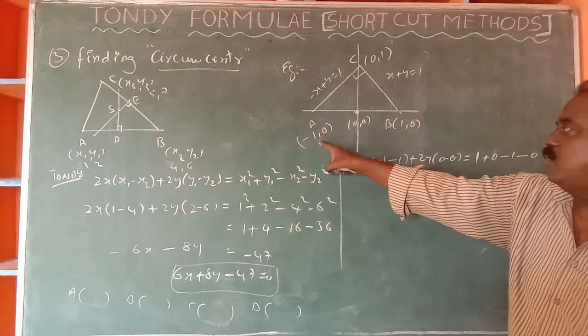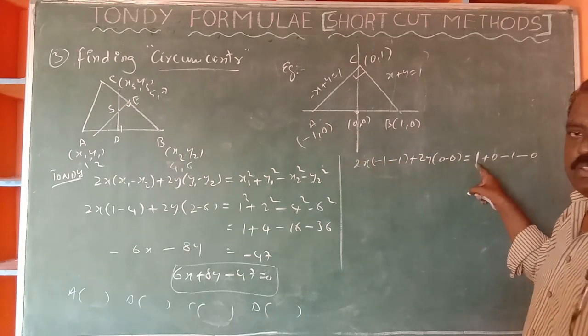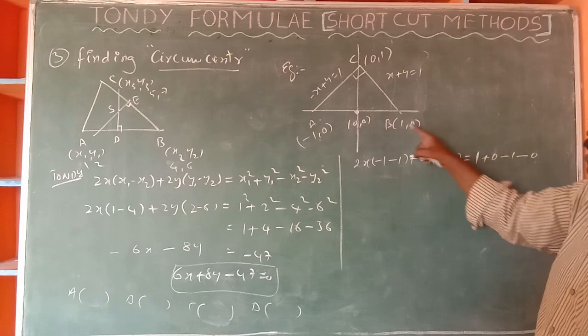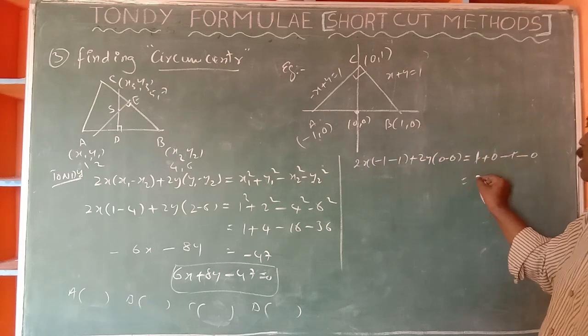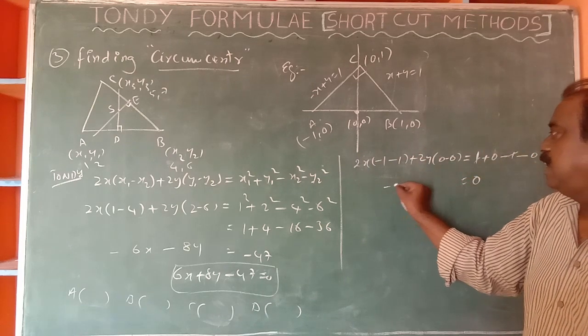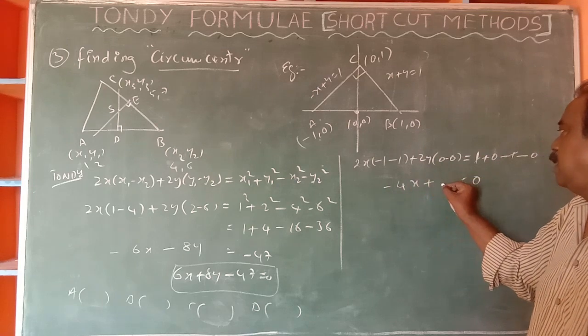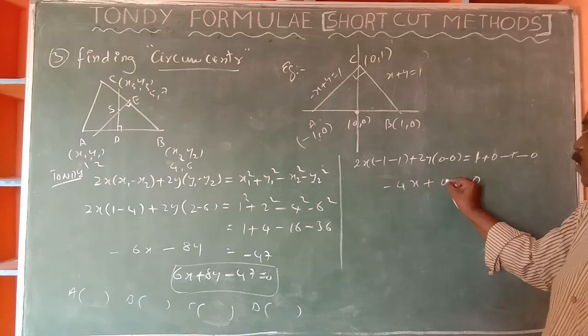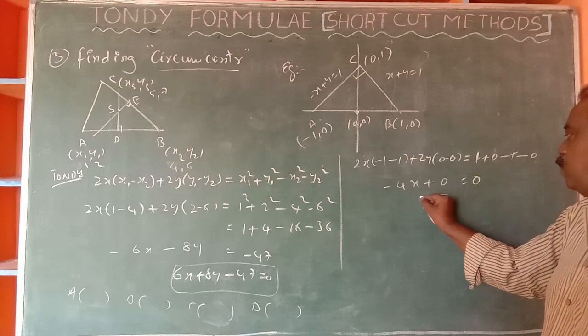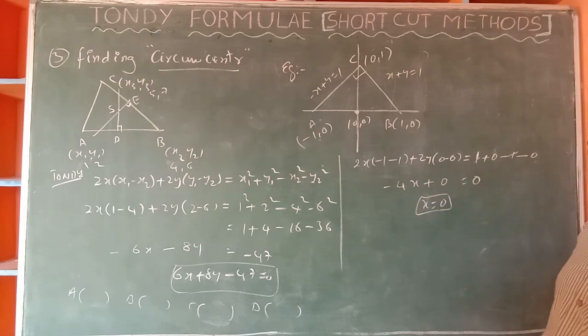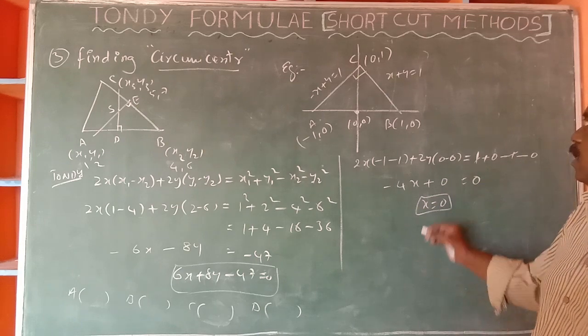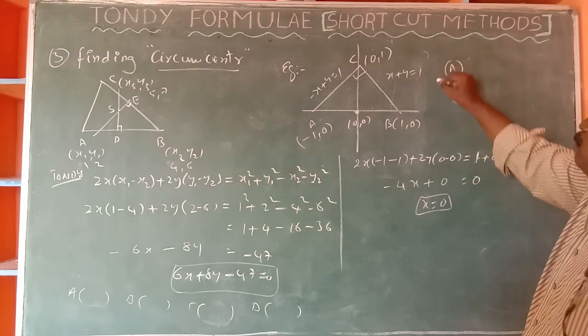Here also x1 square plus y1 square, minus 1 square is 1, 0 minus 1, 0. Okay, 0 cancels. Here it is minus 4x plus 0. So x is equal to 0, here also we are getting the same. Now for example, options. I am taking options.